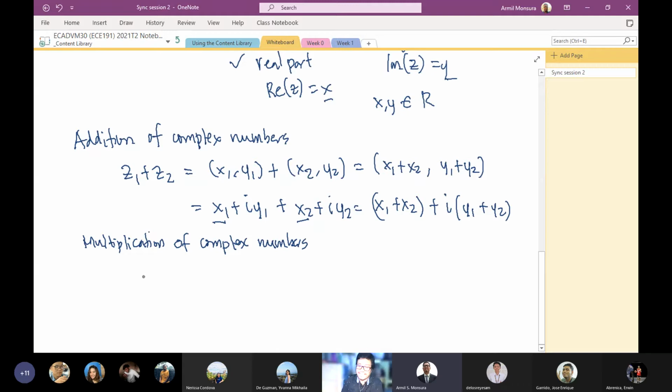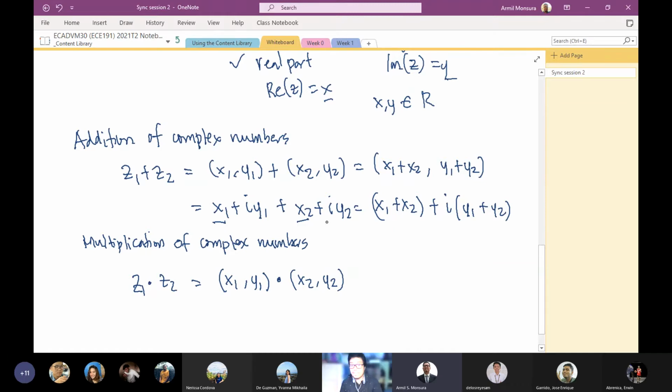So, we have to multiply z1 times z2. That is simply, in terms of ordered pair notation, (x1, y1) times (x2, y2). Now, this is easily obtainable if we actually shift to this notation.